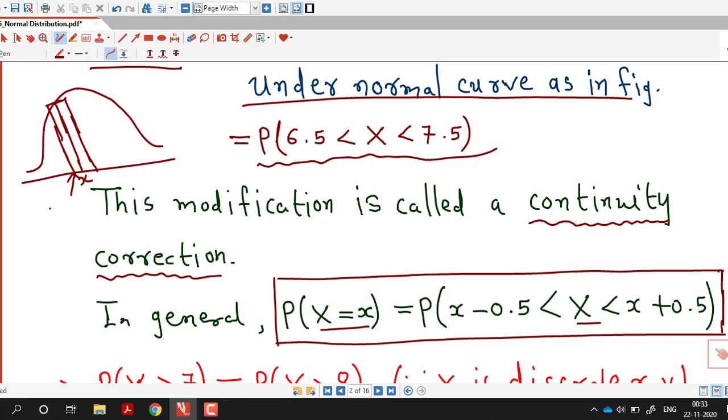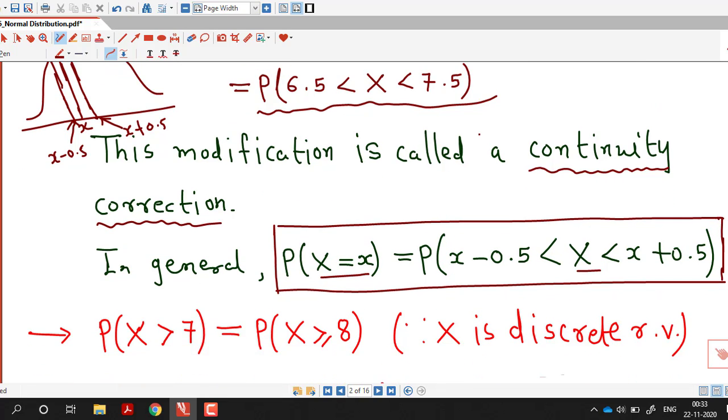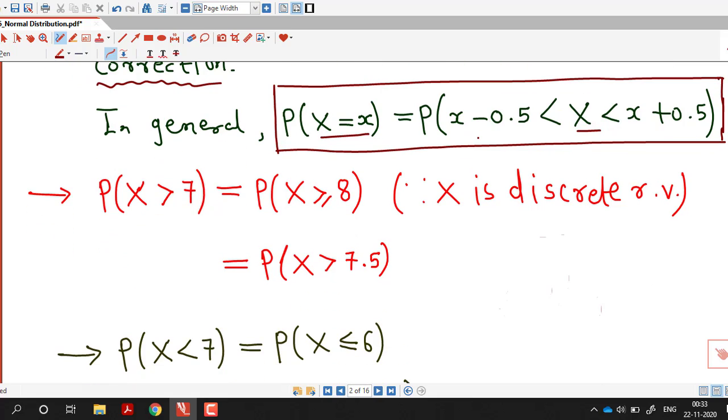This point is x minus 0.5 and this point is x plus 0.5. So the area of this rectangle is nothing but the probability that x minus 0.5 is less than X is less than x plus 0.5. Similarly, we can calculate this type of probabilities using the normal distribution, but by taking proper continuity correction.